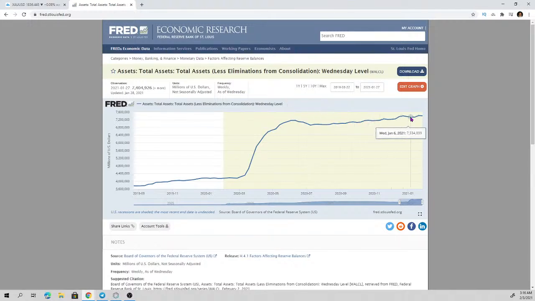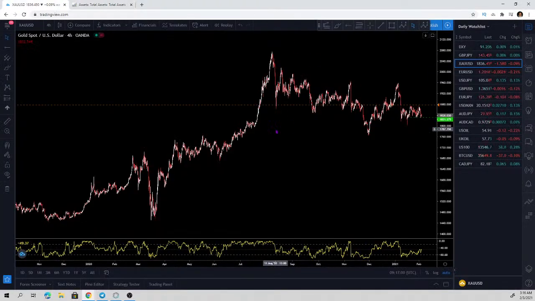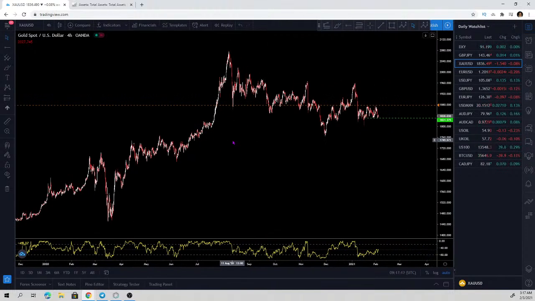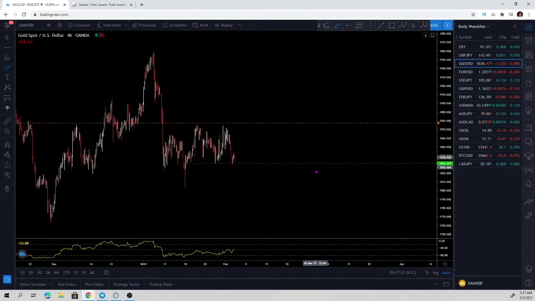But the Federal Reserve's balance sheet is still expanding, which tells me that the depreciation that we have seen on the US dollar is far from finishing. And with the US dollar depreciating and the risk being off, everything points at another big bullish leg in gold. That's why I have been trying to pick up buys.